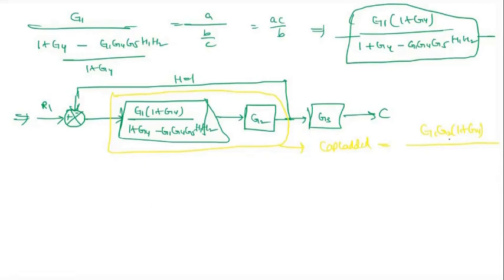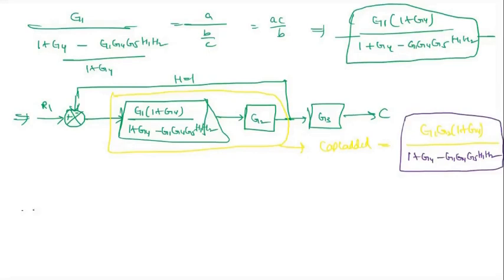G1, G2 into 1 plus G4 divided by 1 plus G4 minus G1, G4, G5, H1, H2. This is the cascade connection formula, I mean multiplication. So instead of this yellow color, you can write this box value.